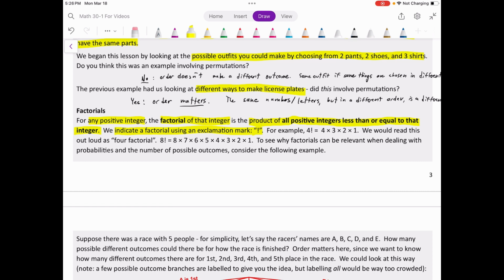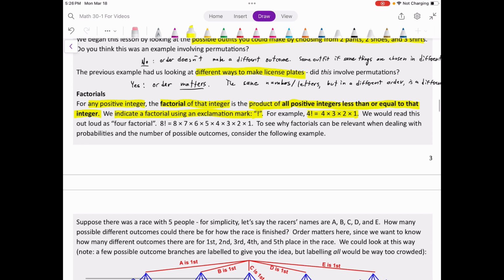Start at 4, multiply every integer down to 1. 8 factorial would be 8 times 7 times 6 times 5 times 4 times 3 times 2 times 1. 100 factorial would be 100 times 99 times 98 times 97 times 96 times 95, all the way down to 1. We multiply them all together.